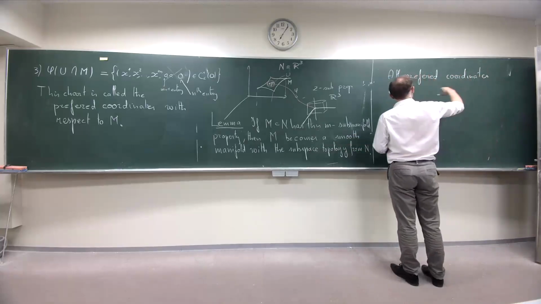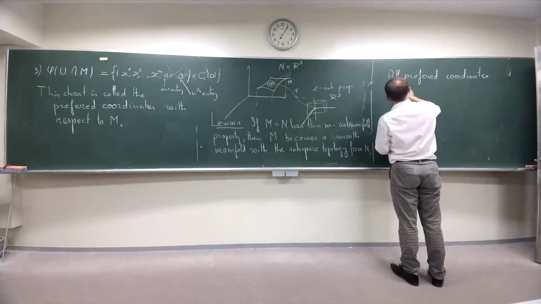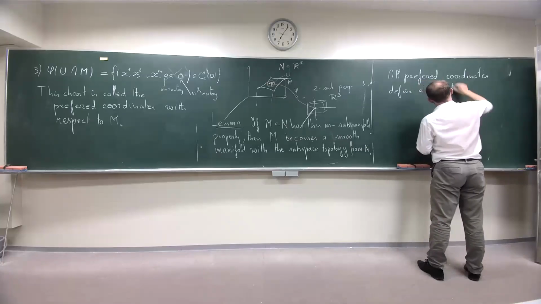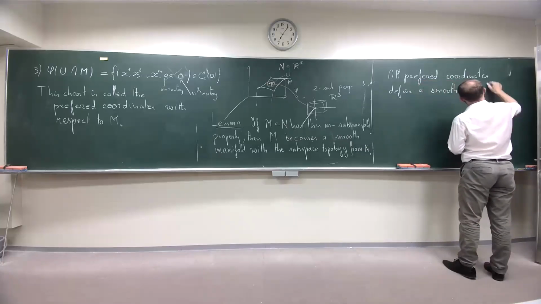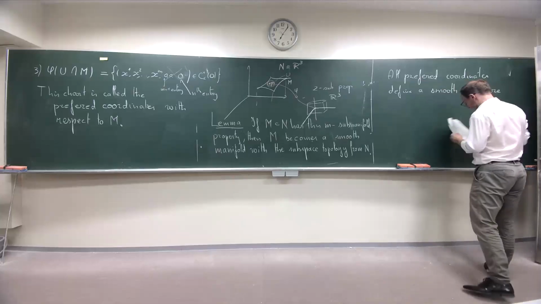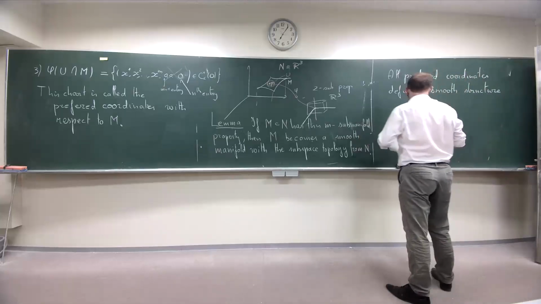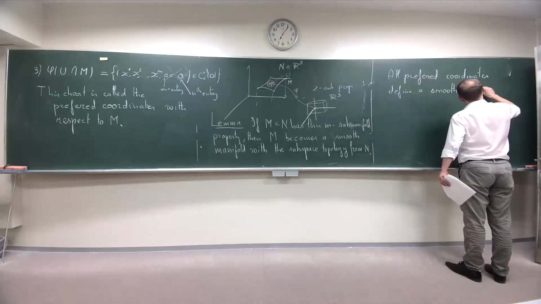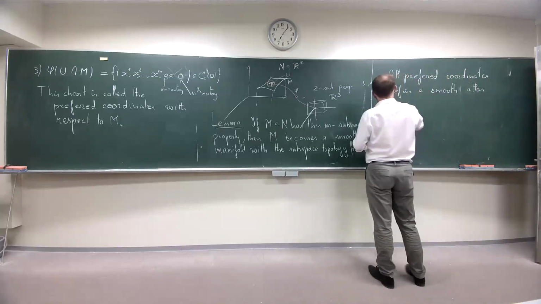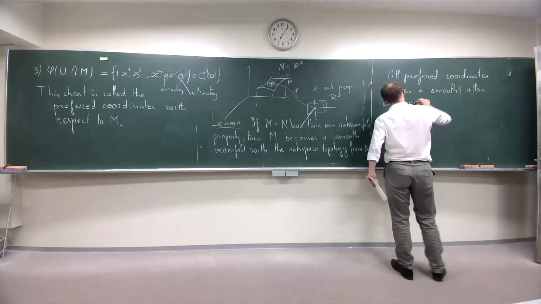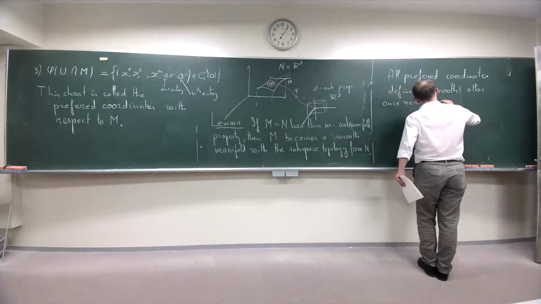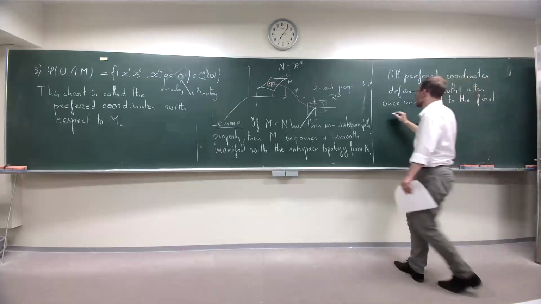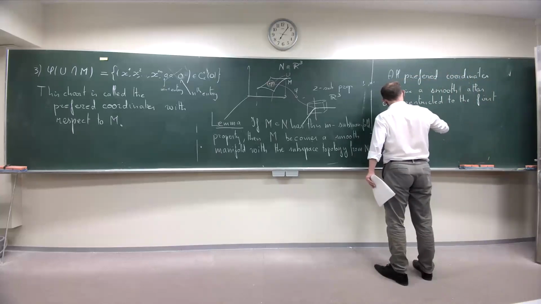But now, by using the preferred coordinates, they define a smooth structure. So you have the differentiability, or a smooth atlas. I can write a smooth atlas once restricted to the first m coordinates. So I forget the 0. This is the trick.